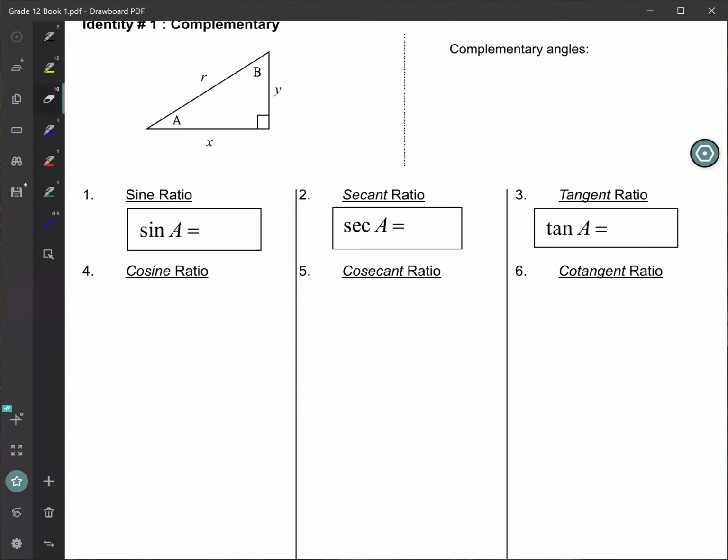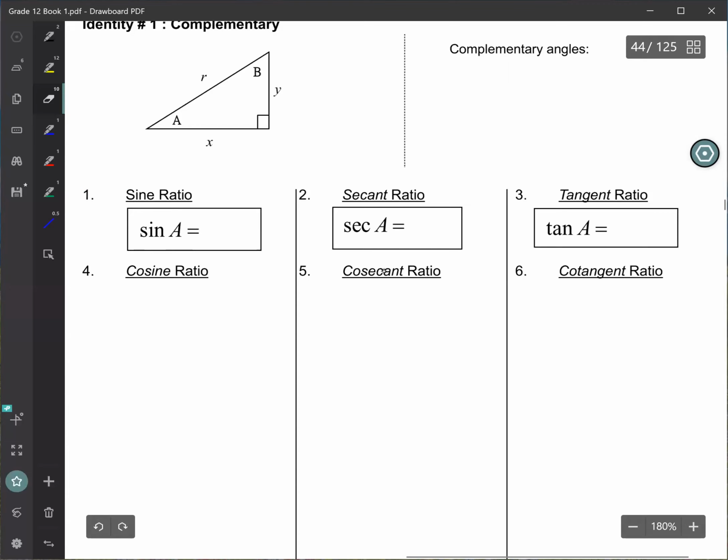All right, let's say together: sine, cosine. Yeah, they come in pair. One more time. Sine, cosine. So that's number 1 and 4. Next one, secant, cosecant. One more time.